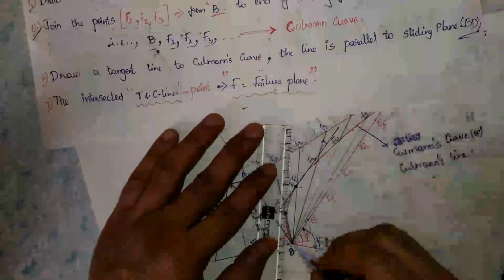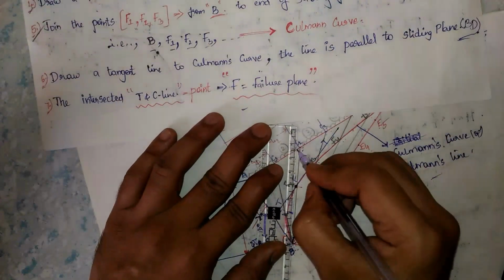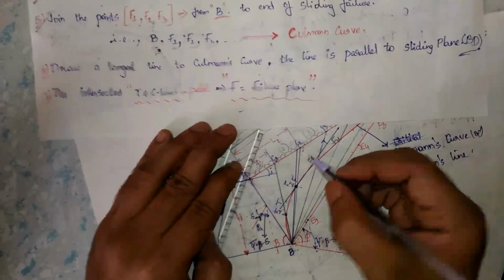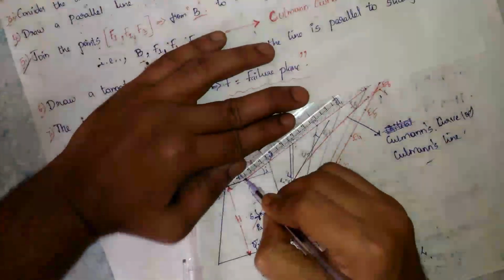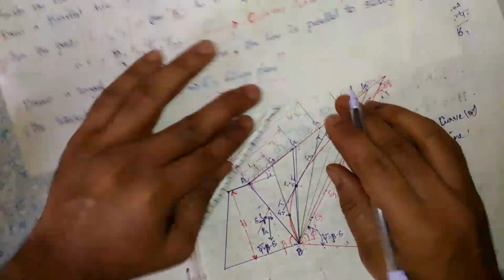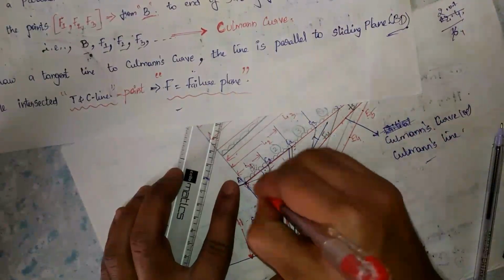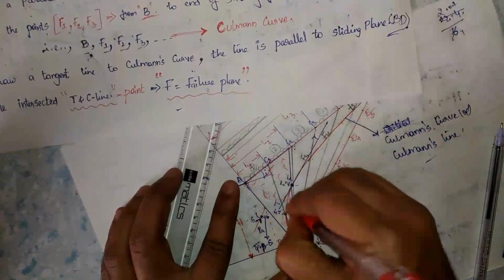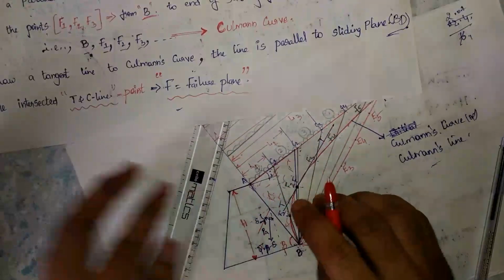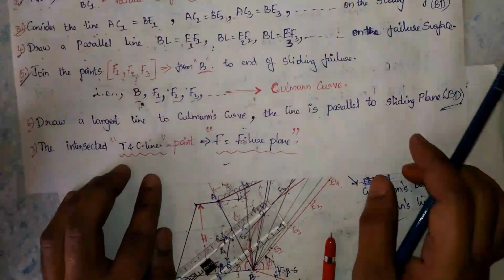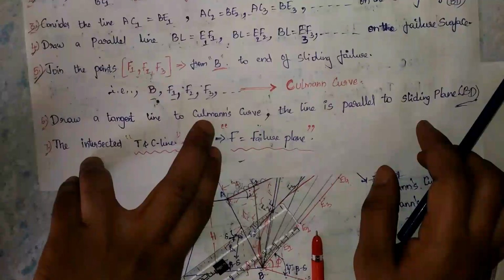So directly join this line. Okay, so draw a tangent line. See here. Draw a tangent line to Culmann's curve.